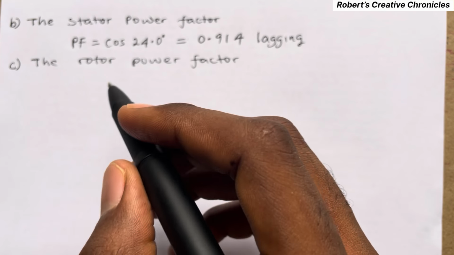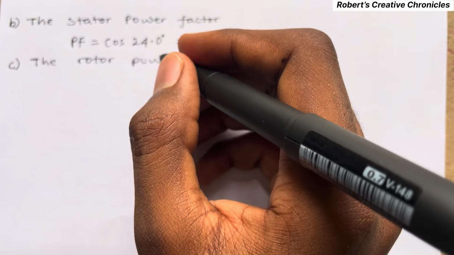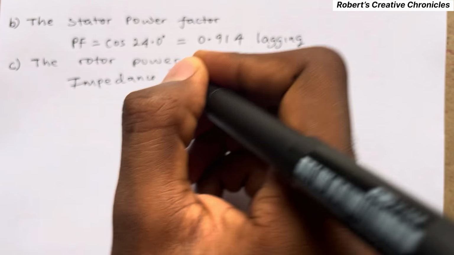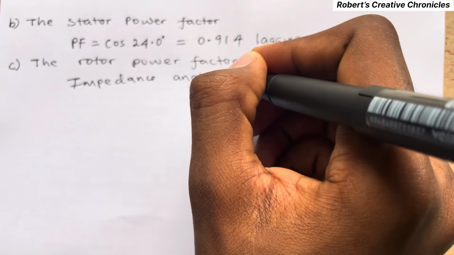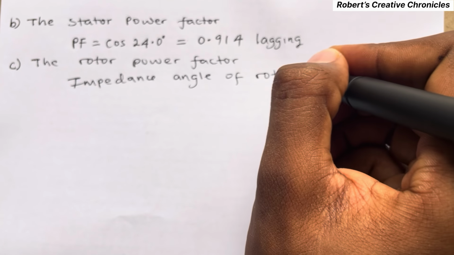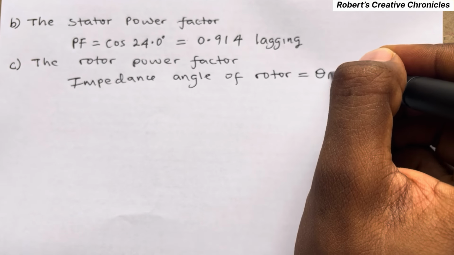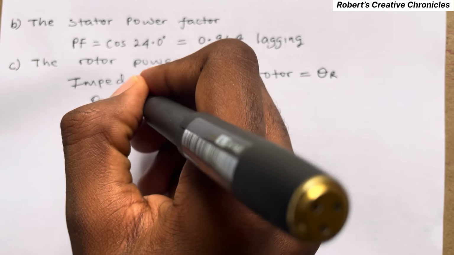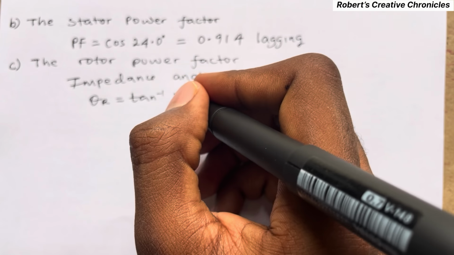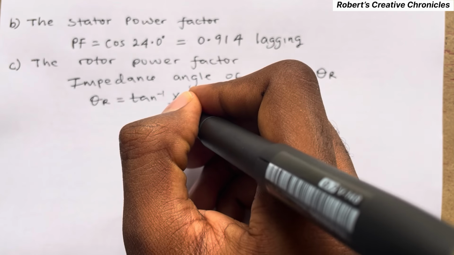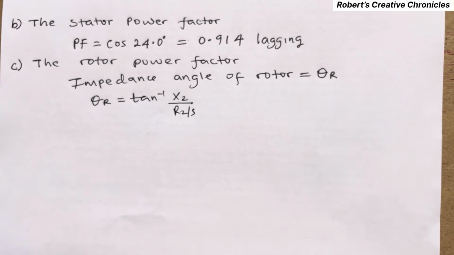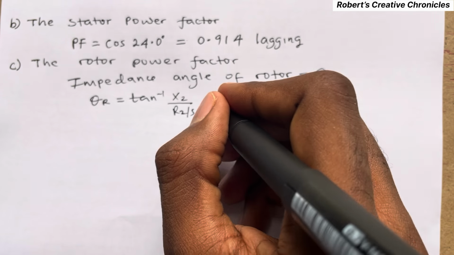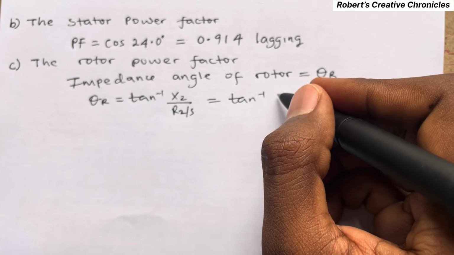So before we find the power factor of the rotor, we have to find the impedance angle of the rotor. The impedance angle of the rotor is given by this, which is equal to tan inverse of X2 over R2 over s. So this becomes tan inverse, what is X2?